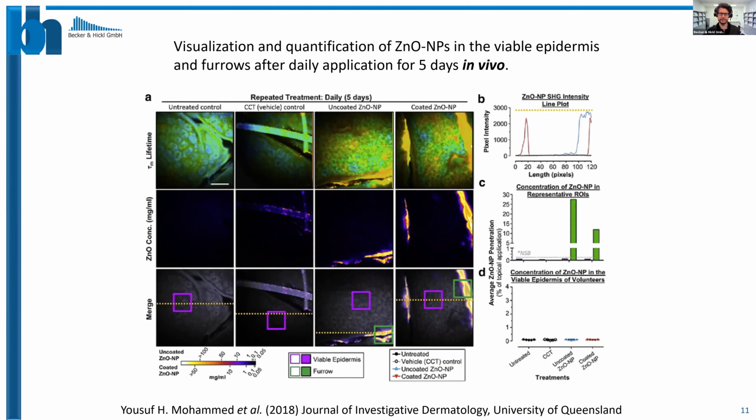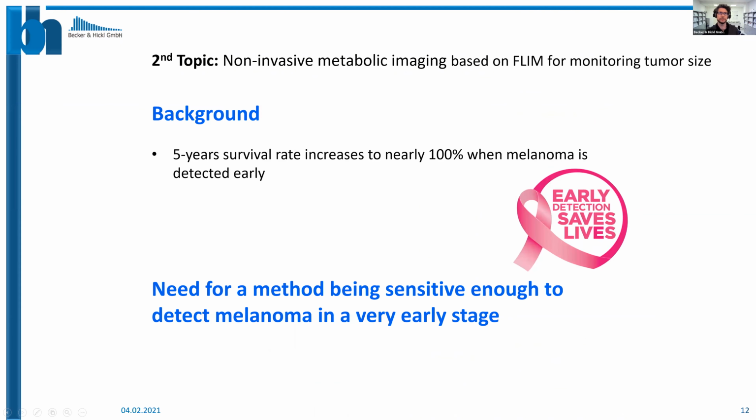In a more recent study from 2018, which I was involved in, published in the Nature group's Journal of Investigative Dermatology, we found that there's no evidence for any penetration into the viable epidermis, even after daily application for 5 days in vivo.